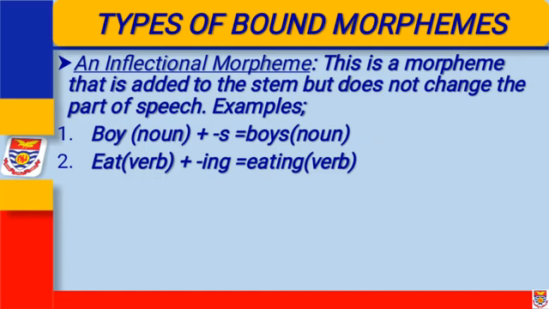So let's look at the examples over here. We have one, boy. Now we all know that a boy is a noun. Now for us to make it plural, we add s to it, and then it becomes the plural form, boys.